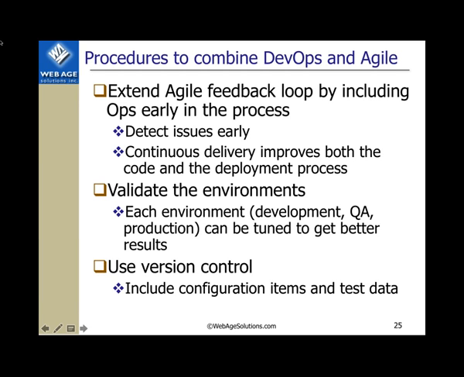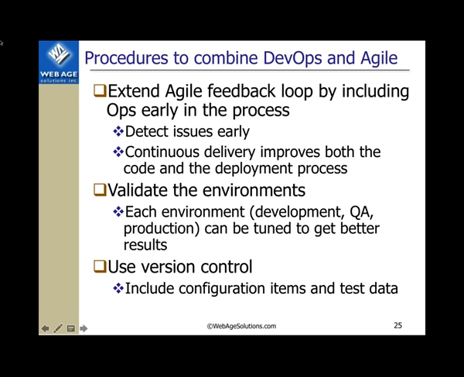Another process change that I want to make for DevOps and Agile to work effectively together is to validate environments. Essentially, each environment that I have, development environments, QA environments, production environments, I can tune to get better results. And often what this means for organizations is simply that these environments have a high degree of correspondence between them.